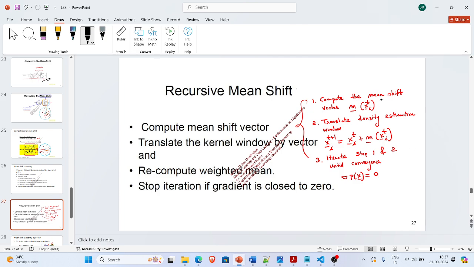So we calculate this mean shift vector, then add it to the cluster center to get the new cluster center. We repeat this until delta px becomes 0.